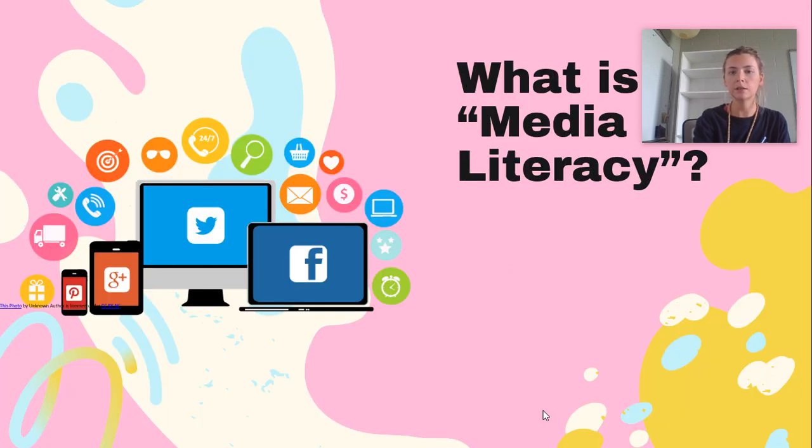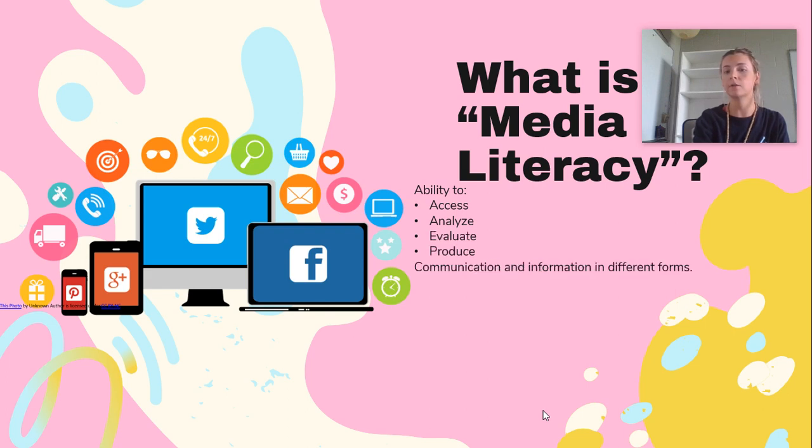So the first thing is to address what is media literacy. So students need to understand that it's the ability to access, analyze, evaluate, produce communication and information in different forms. And they also need to know what media includes anyway. So what is media? It's print, visual, audio, and digital formats.